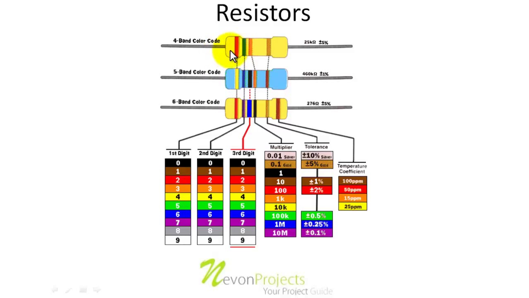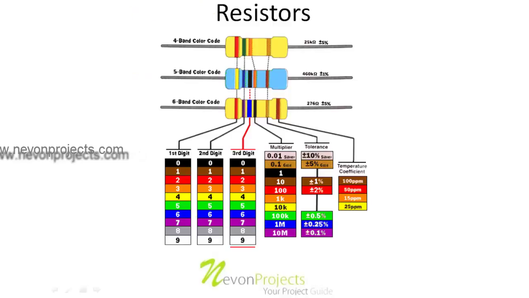So let us see how a particular resistor value is calculated. Suppose we have this resistor. Here we have red as the first digit, so it's 2. Then we have green as the second digit, green is 5, so it's 25, and the third one is orange, and orange is 3, so it is 10 raised to 3. The last band is the power of 10, so we have 25 into 10 raised to 3 ohm.